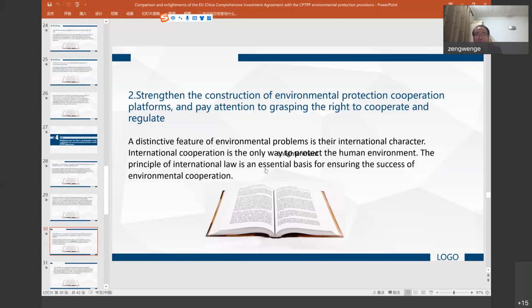The distinctive feature of the environment program is its international character. Chinese cooperation is only in the environment. The principle of international law is the essential basis for ensuring access to environment cooperation. So we have some cooperation with the EU, so we can have cooperation with other countries in the environment area.